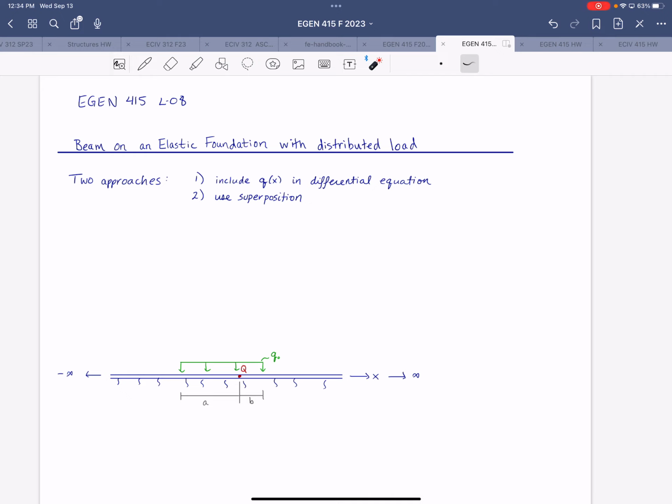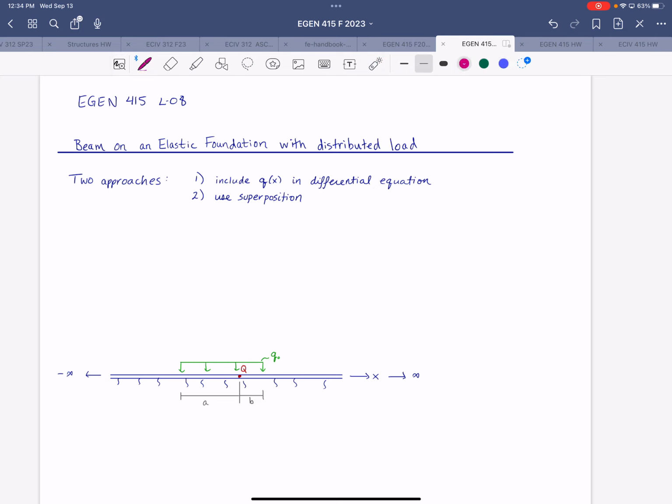One would be to include the expression for that load in the differential equation. Another option is to use superposition, essentially treat that distributed load as a series of point loads and sum them together. That is the approach that we're going to take in this class.